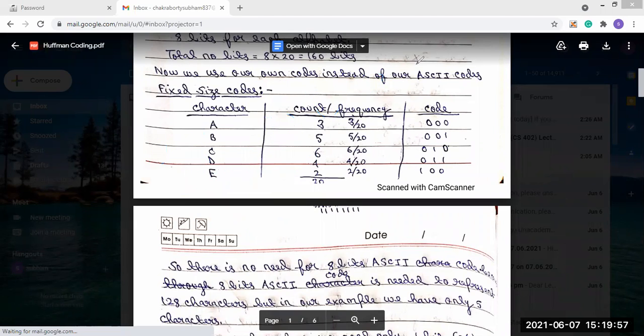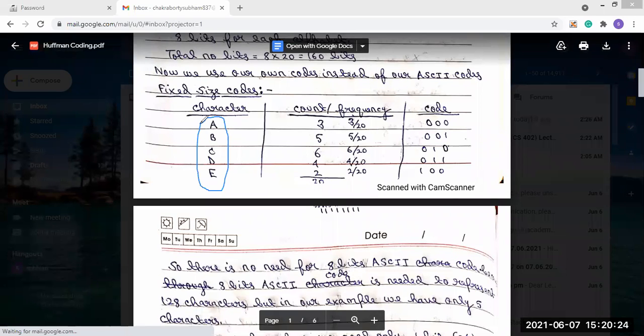So if we observe our code now, how many characters are present? 5 characters are present. So for representing 5 characters, how many bits are required? Anyone? Yes, 3 bits will be required. That's why the 8-bit code is not necessary for me.